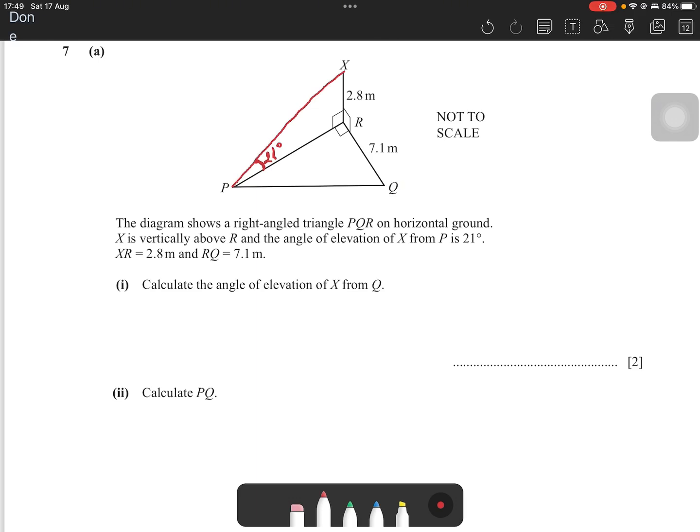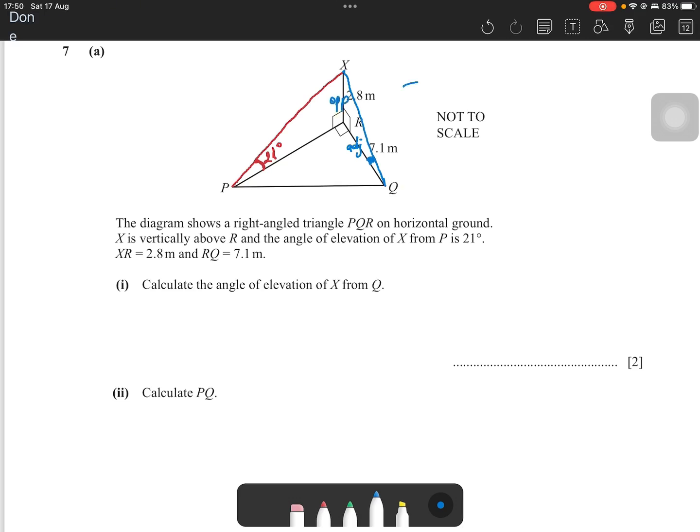XR is 2.8 meters and RQ is 7.1 meters. 1. Calculate the angle of elevation of X from Q. The angle of X from Q, which means this blue angle. So look at the triangle XQR. In the triangle XQR, RQ is the adjacent and XR is the opposite.